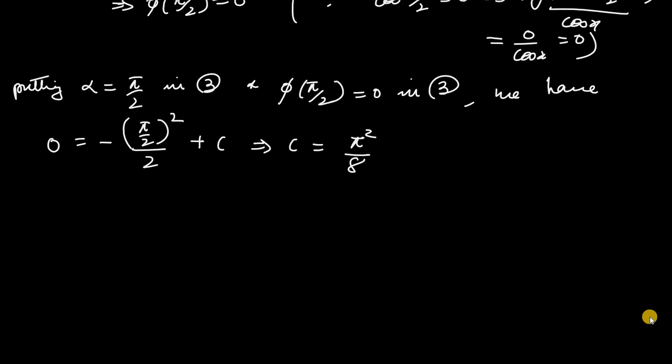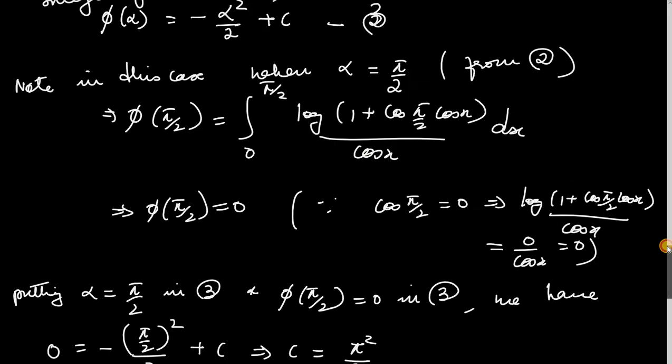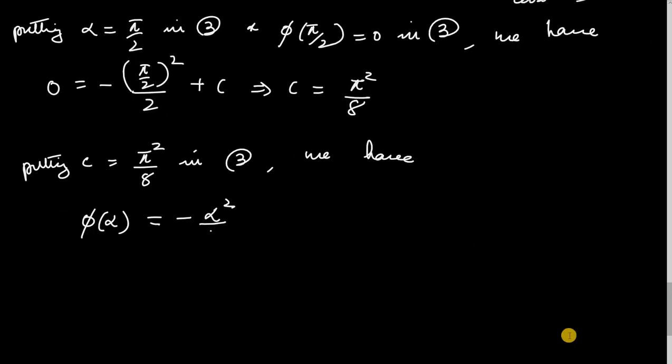Now let us see substituting. Putting c is equal to pi square by 8 in equation 3, we finally have phi of alpha is equal to minus alpha square by 2 plus c.